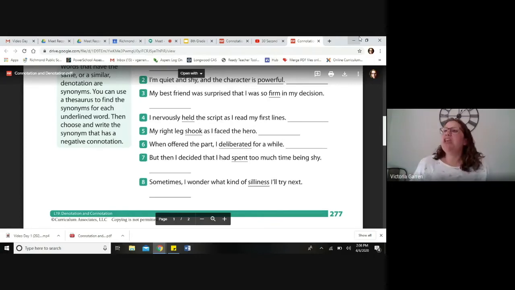So a negative word for deliberated could be worried. When offered the part, I worried for a while. Another word you could use would be agonized. When you are in agony over something, you're really worried. When offered the part, I agonized for a while.